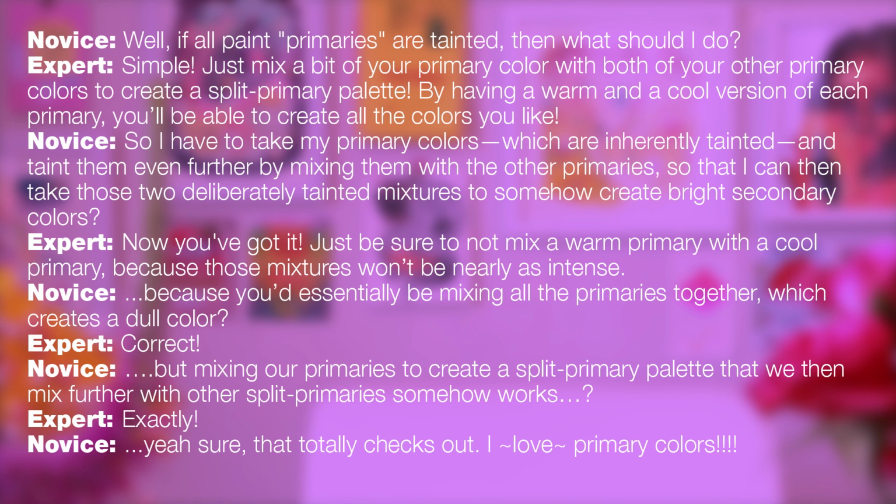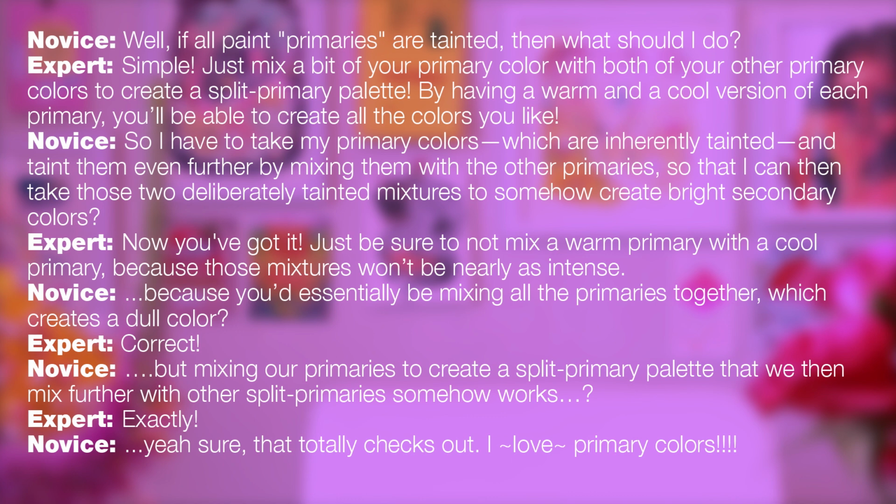Well, if all paint primaries are tainted, then what should I do? Simple! Just mix a bit of your primary color with both of your other primary colors to create a split primary palette. By having a warm and a cool version of each primary, you'll be able to create all the colors you like. So I have to take my primary colors, which are inherently tainted, and take them even further by mixing them with the other primaries so that I can take those 2 deliberately tainted mixtures to somehow create bright secondary colors?